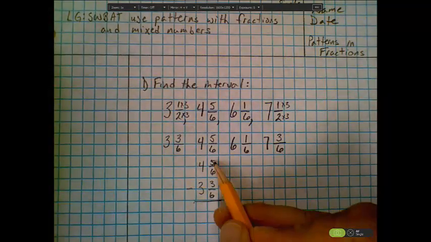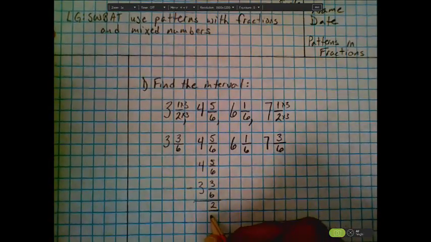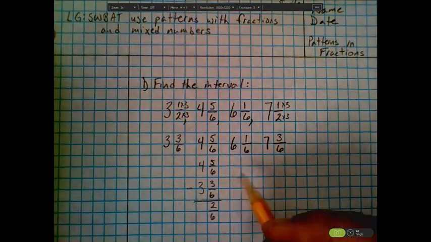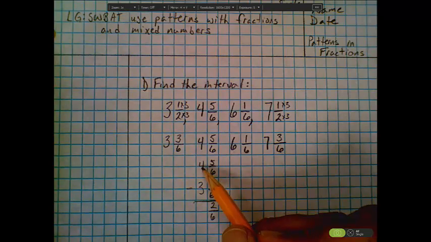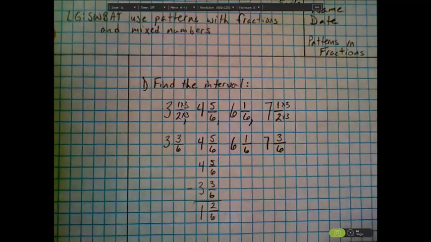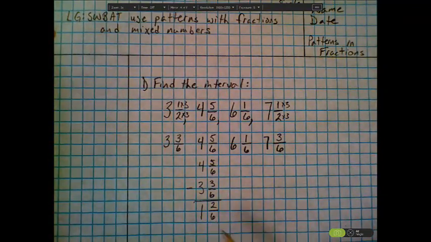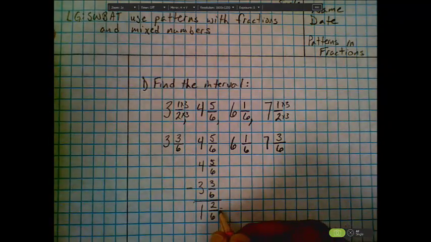So we subtract like we normally would. 5 minus 3 is 2. Keep the same denominator, and then subtract the whole number part of our answer. 4 minus 3 is 1. Well, we can simplify the 2/6, and so we know that that's equal to 1/3.